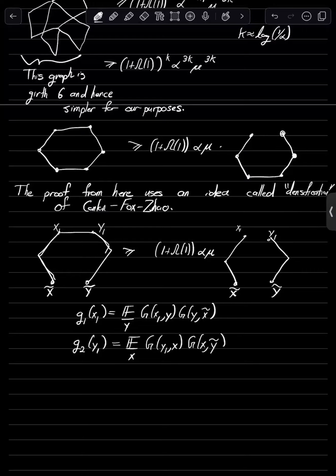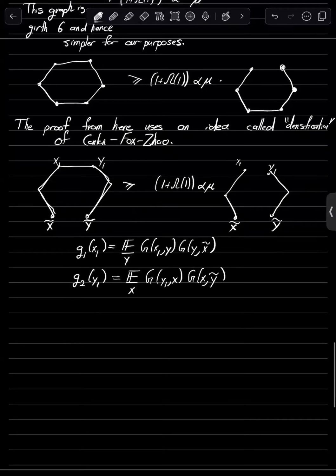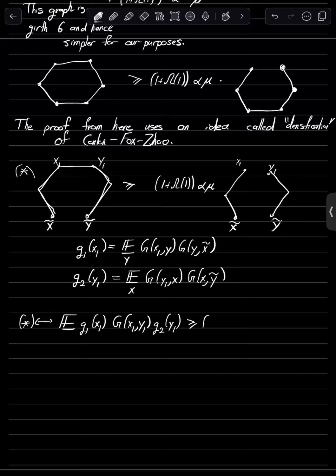So this is this edge here. And let's look at what we've written. I claim this inequality star. Star is literally just rewriting the expression. It's g1 x1 times g of x1 y1 times g2 of y1. This is bigger than (1 plus omega 1) alpha mu times the expectation of g1 x1 g2 y1.